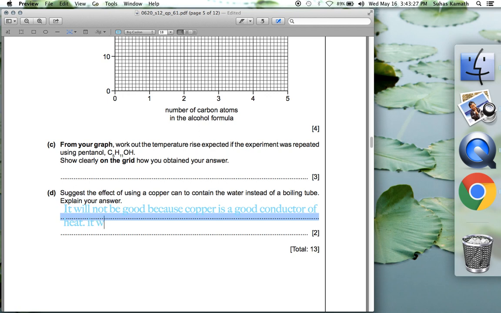It will cause heat losses, thus making the results less accurate.